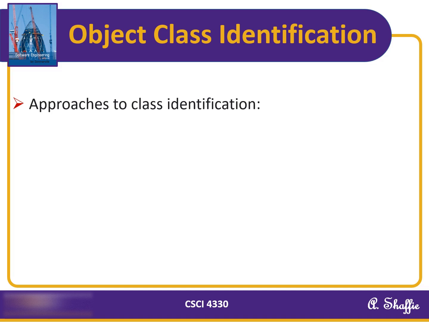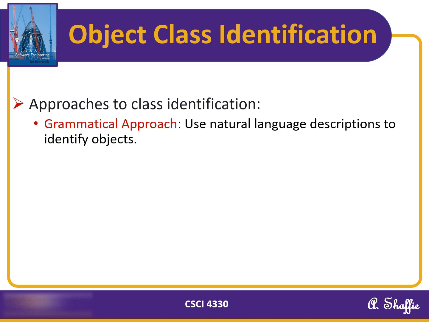Throughout the 80s, as object-oriented design matured, several methodologies were proposed to determine object classes. Here are some of the most common approaches. Use a grammatical approach based on a natural language description of the system.